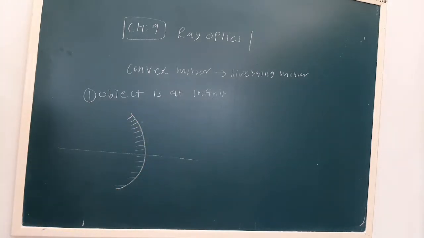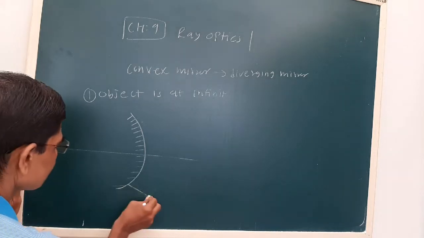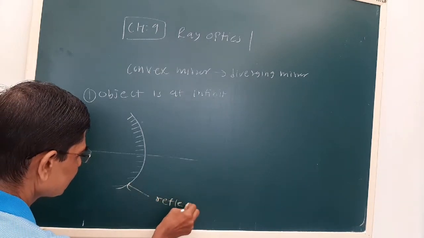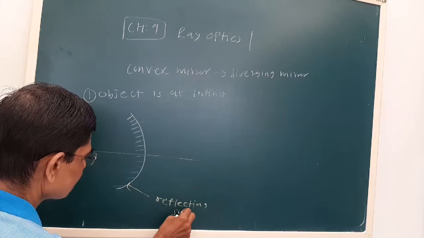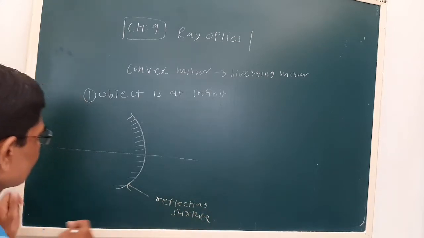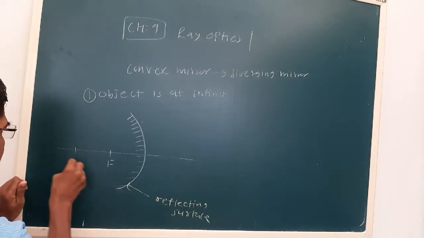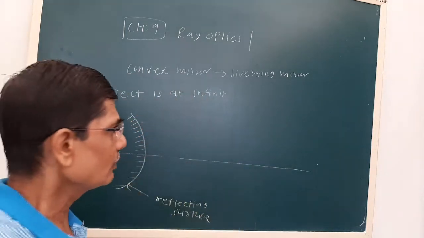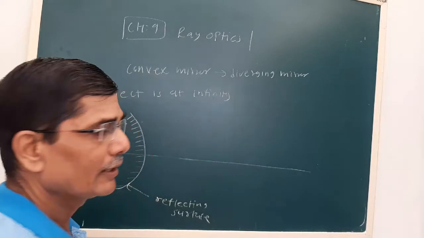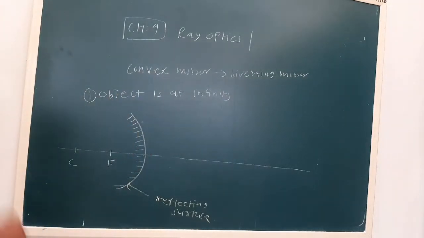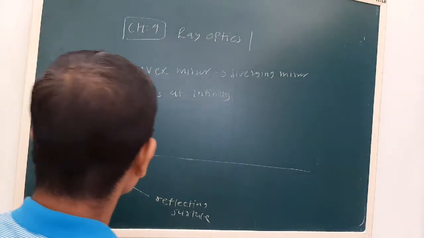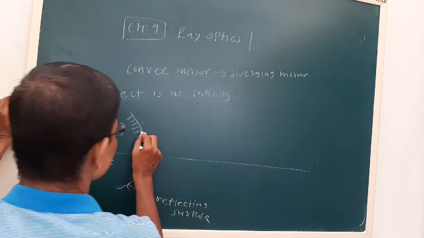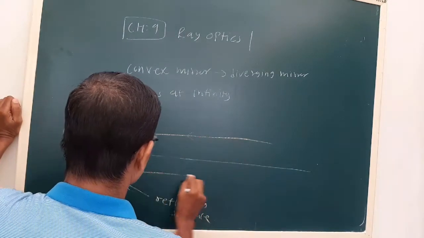Okay, now see here, this surface is a reflecting surface. Now here we assume that the object is at infinity. Okay, now the rays coming from infinity we consider paraxial rays, that is, parallel to the principal axis.